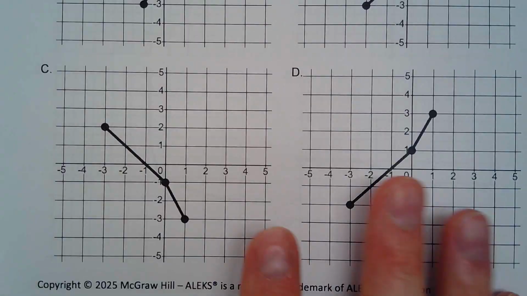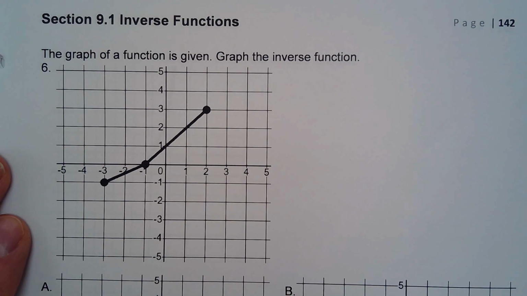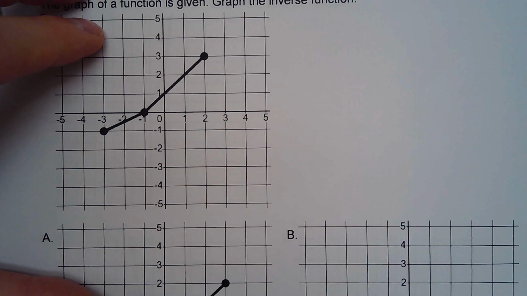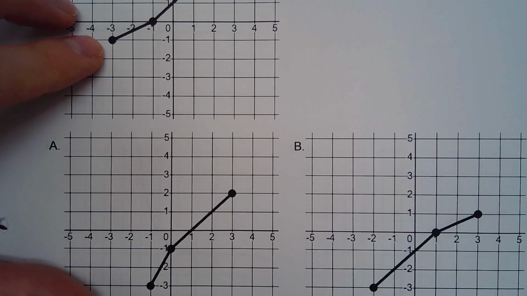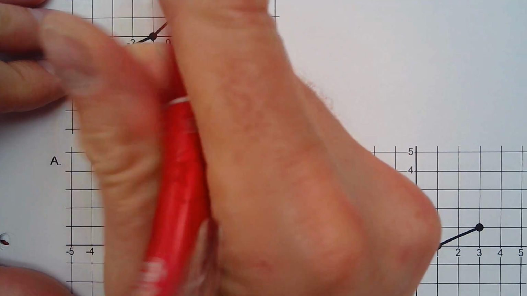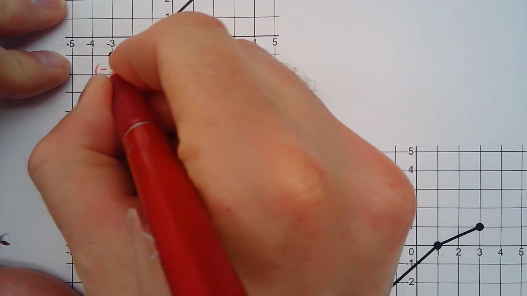Let's take a look at the next problem. The graph of the function is given, graph the inverse, and they actually give us some choices. So what we want to do here is follow some points. My first point here is -3, comma -1.